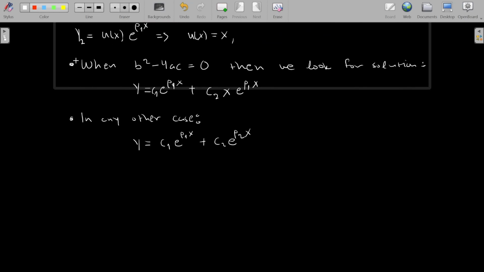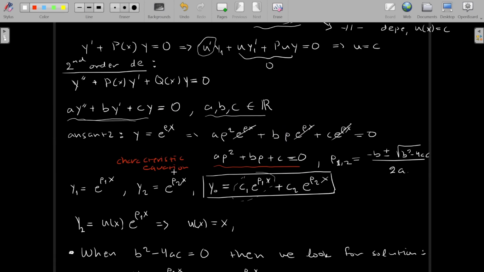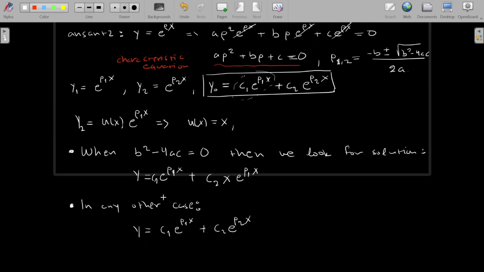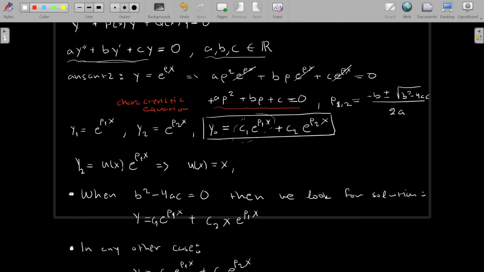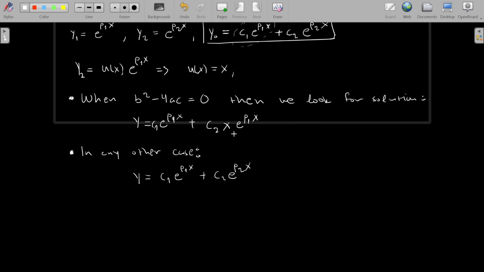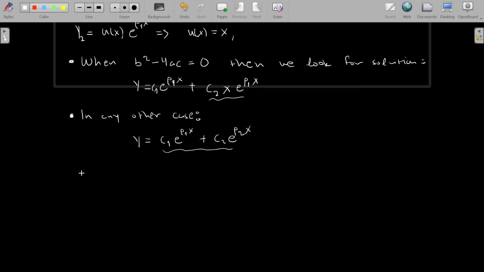There's nothing more for differential equations with constant coefficients. You just go ahead and solve the characteristic equation, and you find the roots of it. If it's a double root, then this is the second solution. If not, then you have these normal solutions. And so let's go ahead and check some examples.